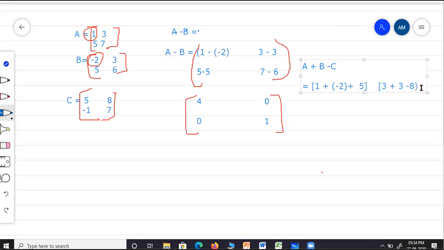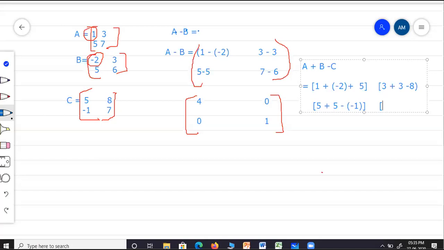Like that, we'll do the same process for second row, first column, that is 5 plus 5 minus minus 1. And for the element of second row, second column, 7 plus 6 minus 7.